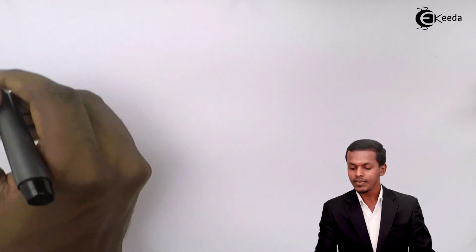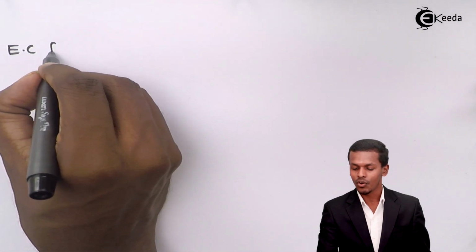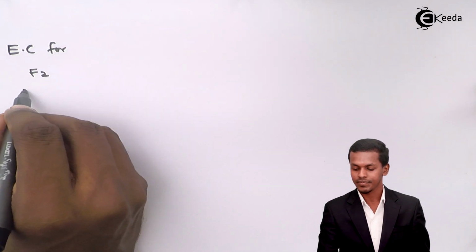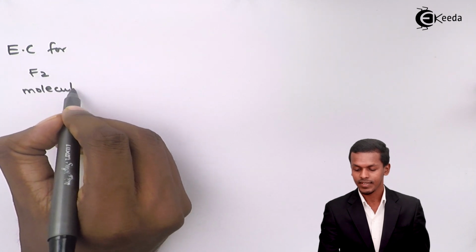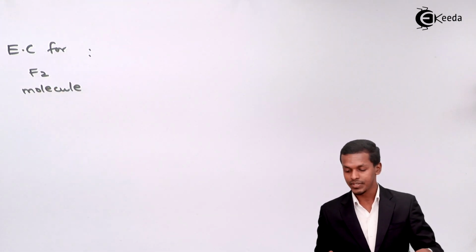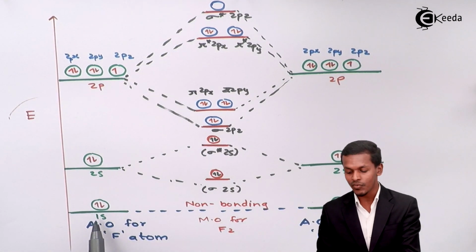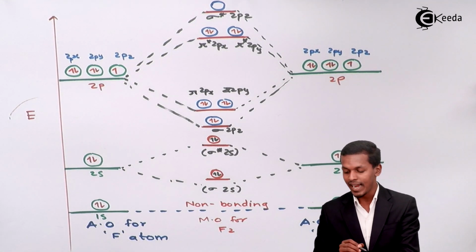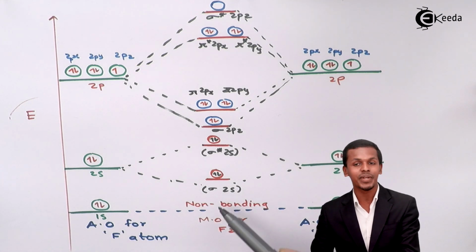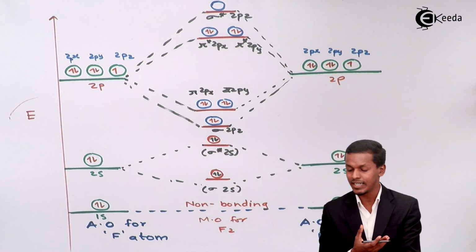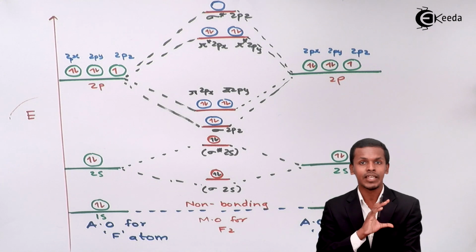The electronic configuration for the fluorine molecule can be represented as you can see over here. This is a non-bonding orbital, but it is made up of 1s and again 1s orbitals, so two kinds of orbitals are created, but we know it doesn't play any vital role in forming a bond.